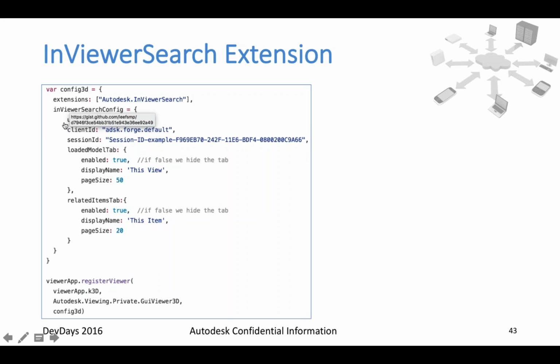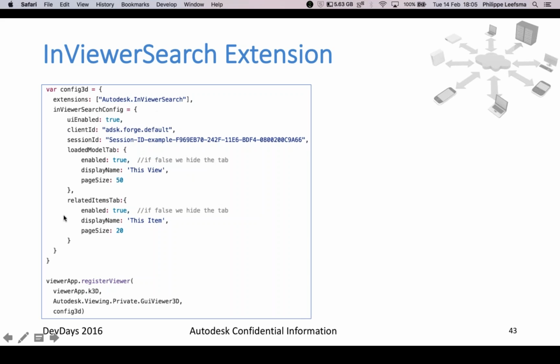For example, here we want to enable the model tab and the related items tab. You have to provide the session ID, which can just be a generated UID, and you pass the configuration of those extensions to the viewing application, and then the viewing application does the rest.